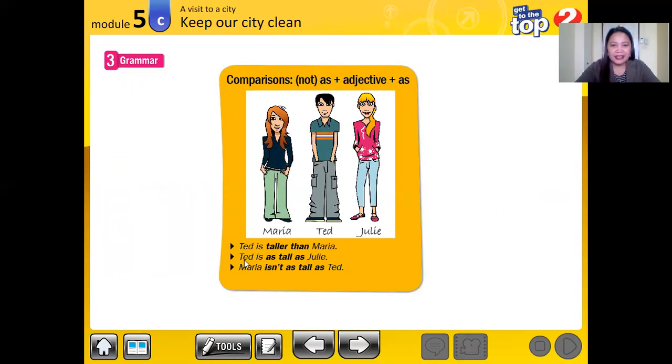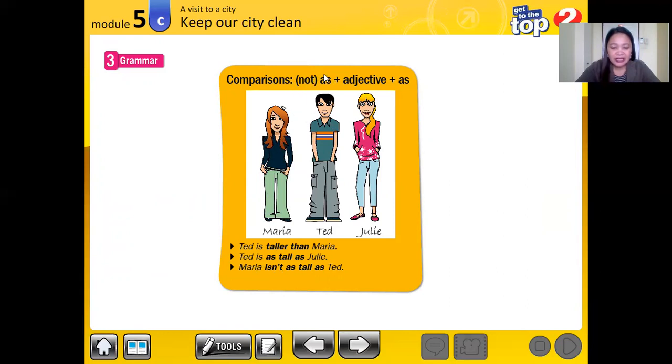Okay, next. Ted is as tall as Julie. So when we say as, it means the same. So Ted is as tall as Julie. They are the same height. Look at that, the same height. Next, Maria isn't as tall as Ted. So we have a negative sentence here using not as.